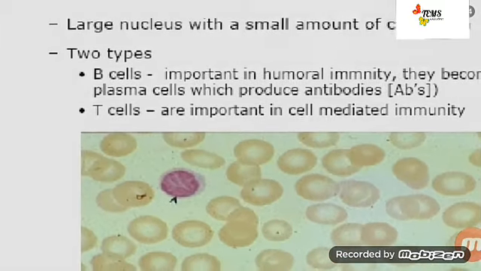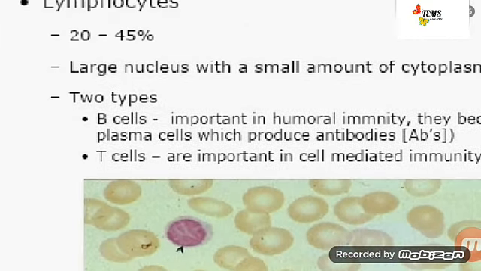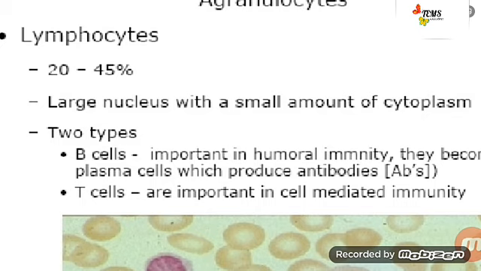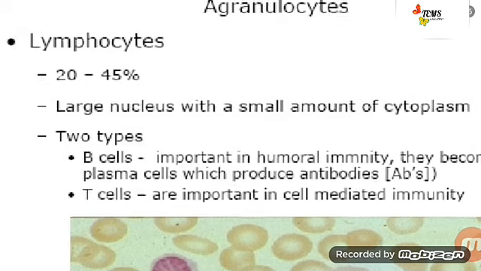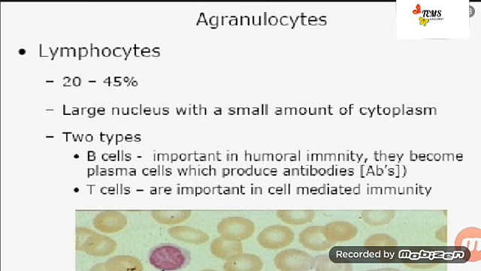Now the lymphocyte. Here you can see the lymphocyte. It is 22 to 45%, with a large nucleus and a small amount of cytoplasm.